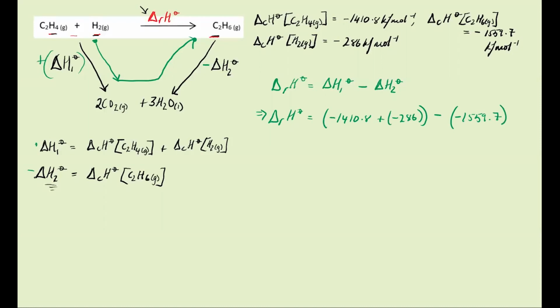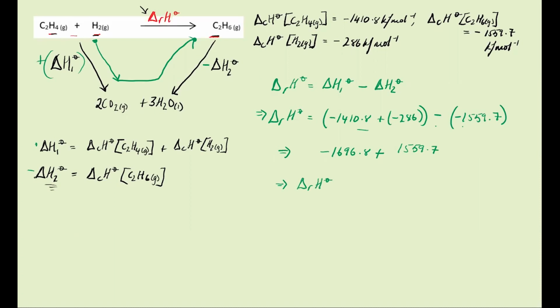Now again, we want to make sure that we work out each of these brackets out so we don't have the risk of losing marks. So our first bracket works out as minus 1696.8. Minus minus makes a plus over here, so I'm just going to switch that to a plus, 1559.7, and our final answer, so the enthalpy of reaction.